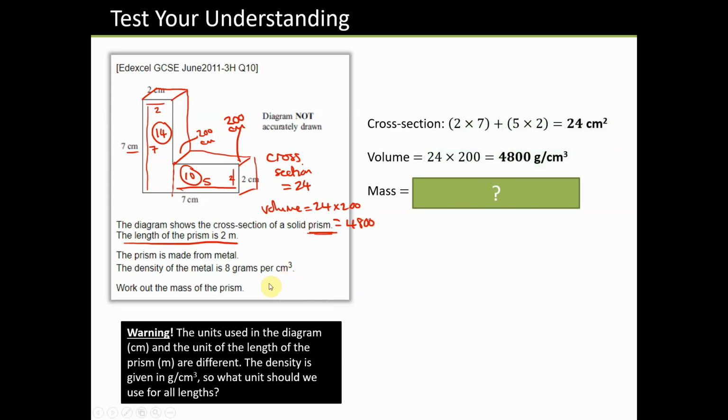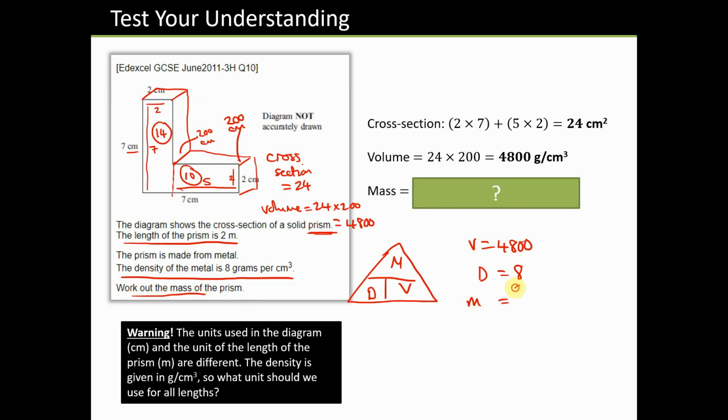Let's just double check I'm on the right lines. Perfect. So now we've got a volume, we can go ahead. Density equals mass divided by volume. The volume is 4,800. Let's check the question. Density is 8 grams per centimeters cubed, and it's asking us to find the mass. So the mass is a question mark.